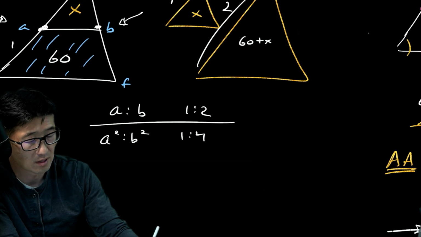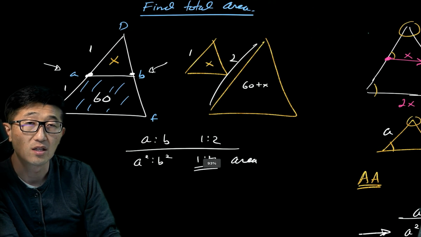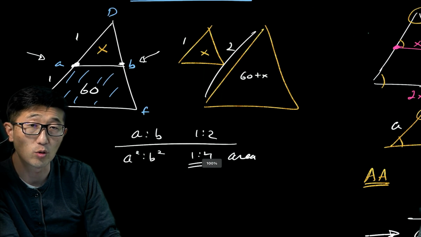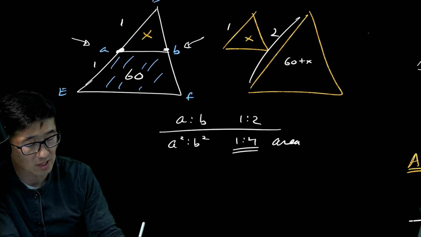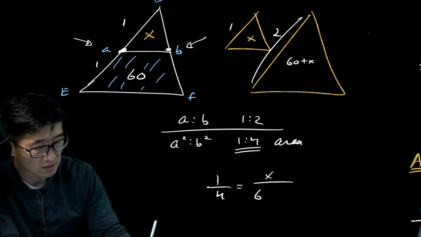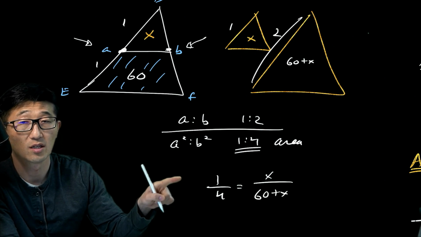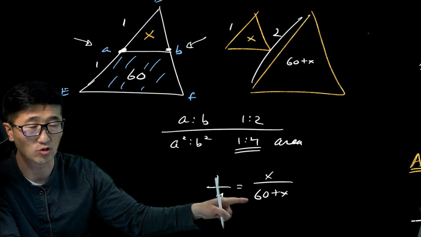So what does that mean? If you take the area of the two triangles, they will be related. The small one will be 1, and the big one will be 4 times more. Well, that helps because now we can do this: 1 over 4 equals x over 60 plus x. Small triangle area over big triangle area.